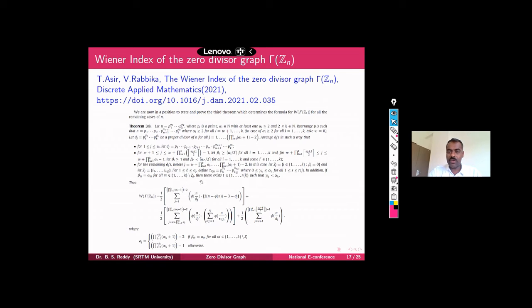Whatever notations they have used here, they have defined, and what are these alpha j's, what is this phi. They have also used the ceil function, floor function, whatever you call it. So this is one recent result which clearly gives the Wiener index for this Zn. Fine.